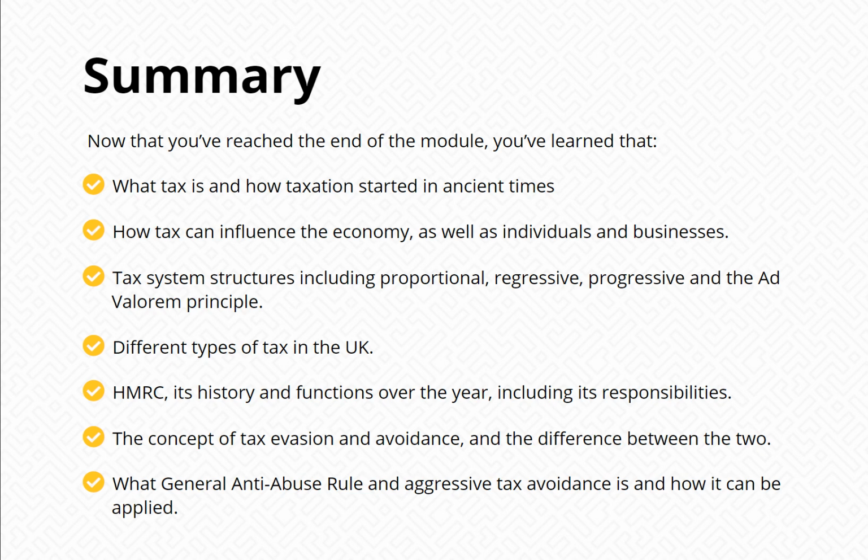Different types of tax in the UK. HMRC, its history and functions over the years, including its responsibilities. The concept of tax evasion and avoidance and the difference between the two. What the general anti-abuse rule and aggressive tax avoidance are and how it can be applied.